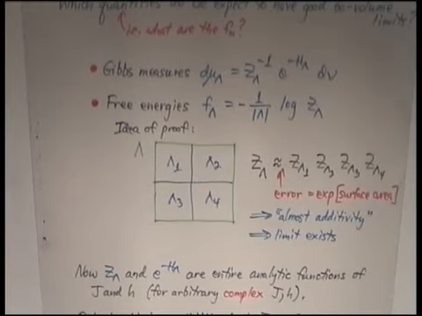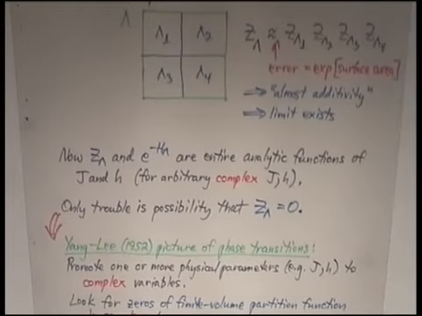How can the log of an analytic function fail to be analytic? There's only one way. What is it? The function can vanish. Right? So the only places in the complex plane where the free energy, log z lambda, can fail to be analytic are the zeros of the partition function. Those can't be on the real axis, because on the real axis, z lambda is a sum of positive terms.